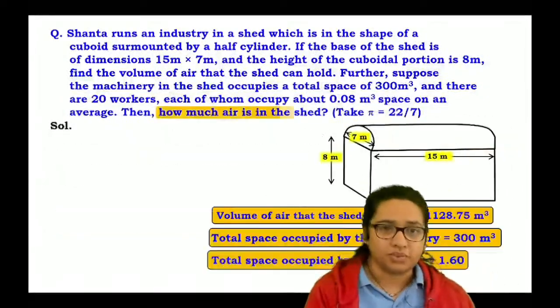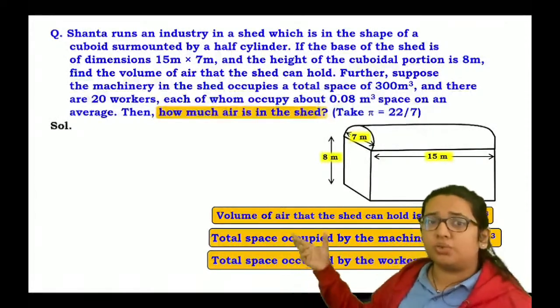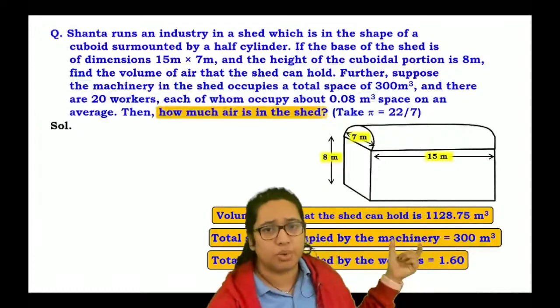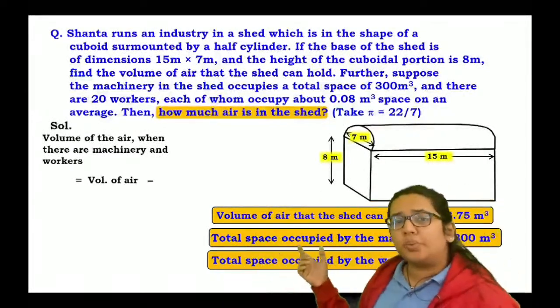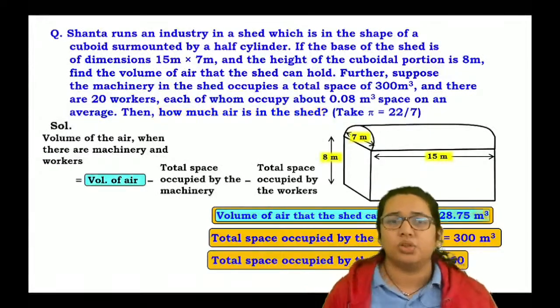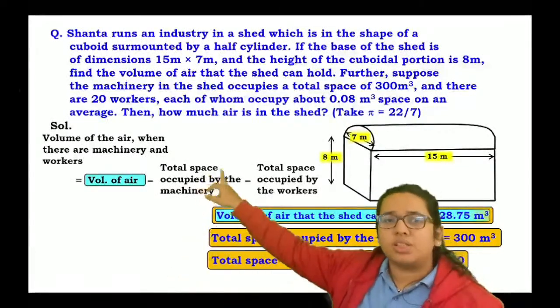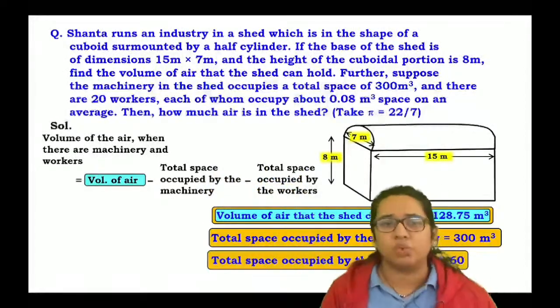Okay. So, how much air in the shed is nothing but the volume of the air that you have, we just have to subtract total space occupied by the machinery as well as total space occupied by the workers. Hence, volume of the air minus total space occupied by the machinery minus total space occupied by the workers.